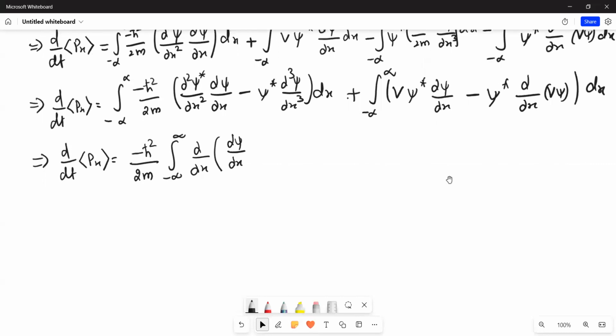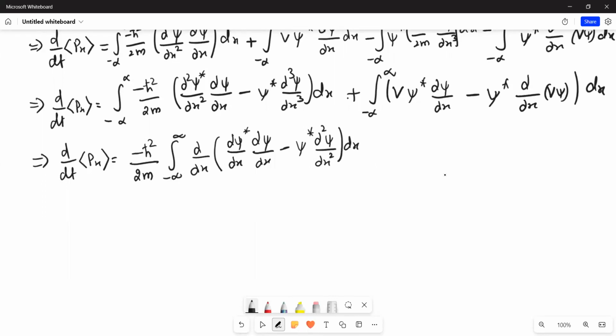Small correction you need to make. And here what you will get? Dou psi star, then dou psi by dou x, minus psi star dou square psi by dou x square, into dx.